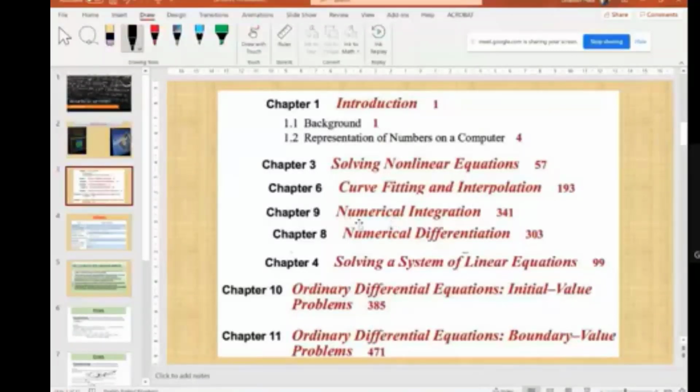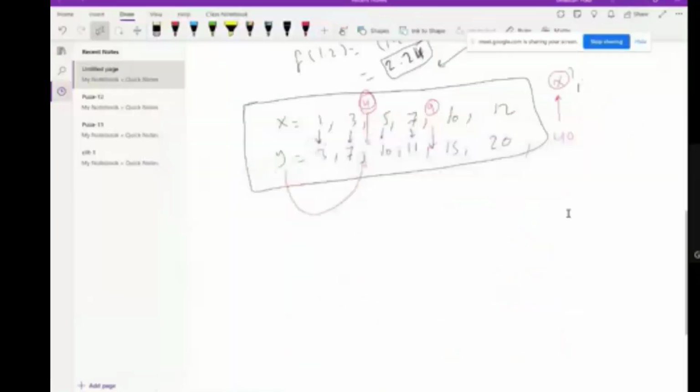The third one, numerical integration. Now, you know absolutely, I have dy over dx equal, for example, x squared plus 3. Everybody knows how to integrate this.